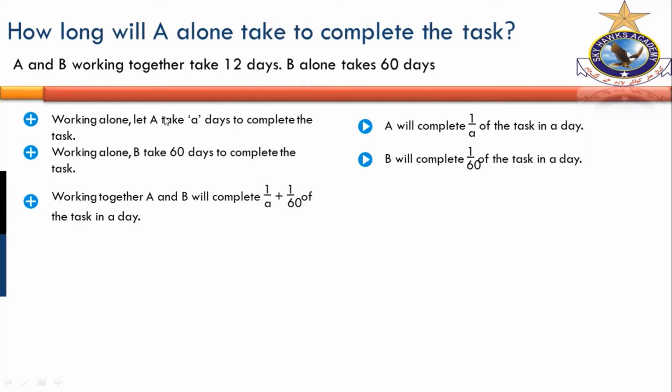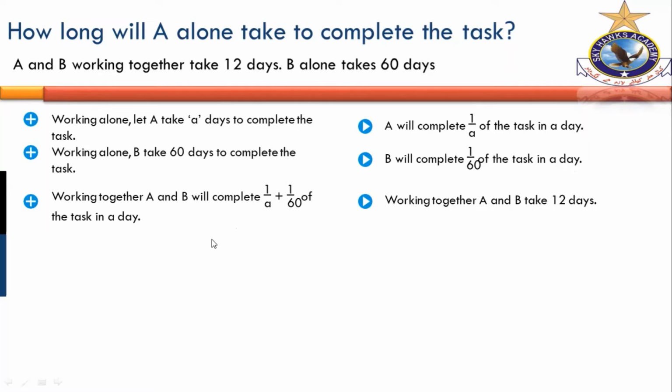So instead of adding these two statements, we are going to add these two rates, the rate per day for the A person and for the B person. So in one day, this is the rate of the task combined together, A and B.